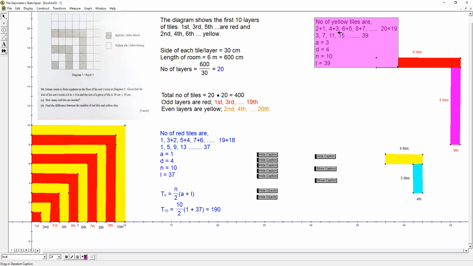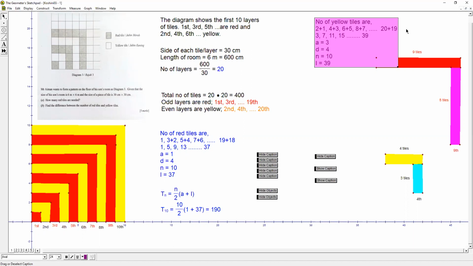And I convert all this sum into numbers. So they become 3, 7, 11, 15 until 39. So what is the first term? First term is 3. What is the common difference? Common difference is 4.